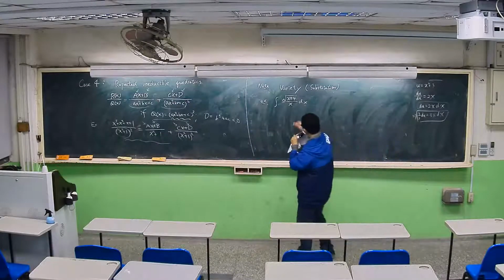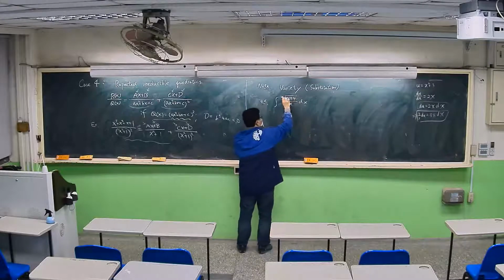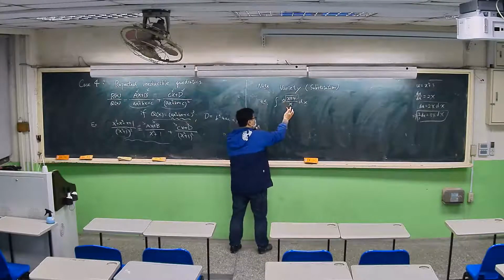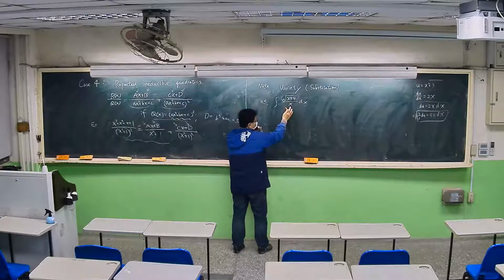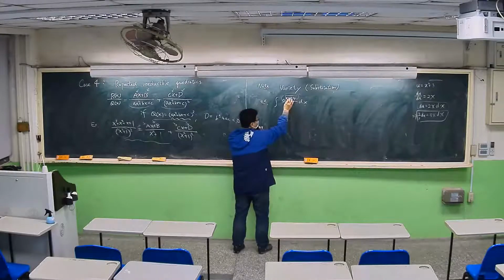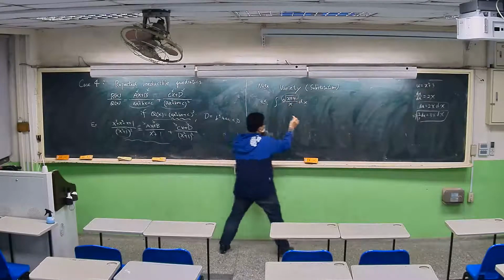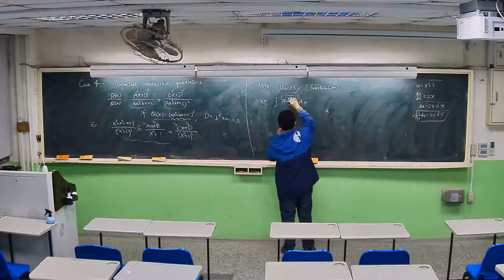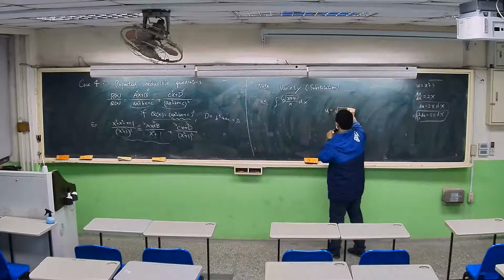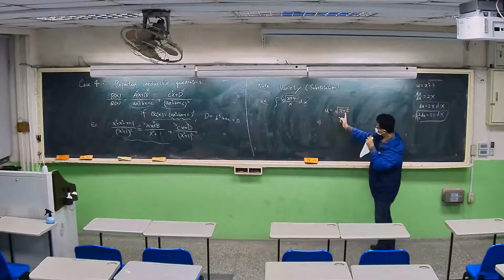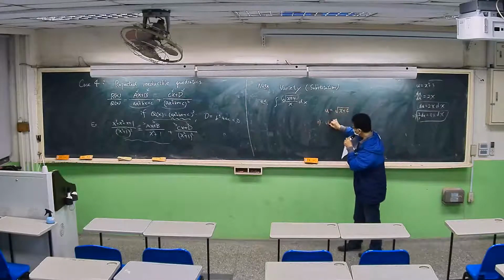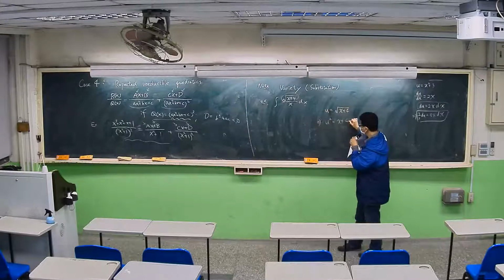If you square the square root, you will get x plus 4. So if we let u be the square root of x plus 4, I think it will be better, because once you replace the square root of x plus 4 by u, you will see u squared equals x plus 4, right?